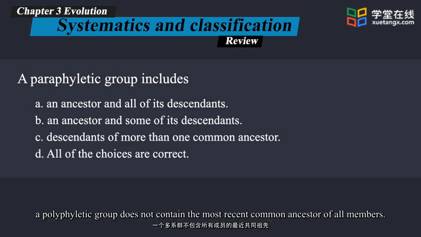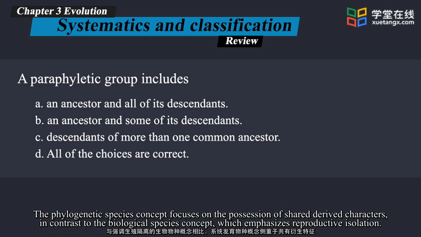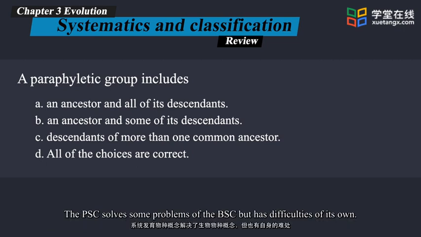A polyphyletic group does not contain the most recent common ancestor of all members. The phylogenetic species concept focuses on the possession of shared derived characters, in contrast to the biological species concept, which emphasizes reproductive isolation. The PSC solves some problems of the BSC, but has difficulties of its own.